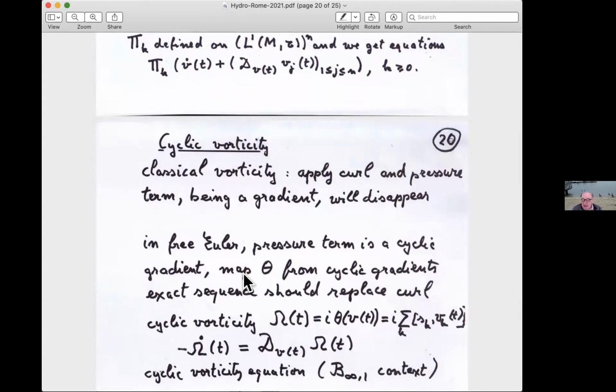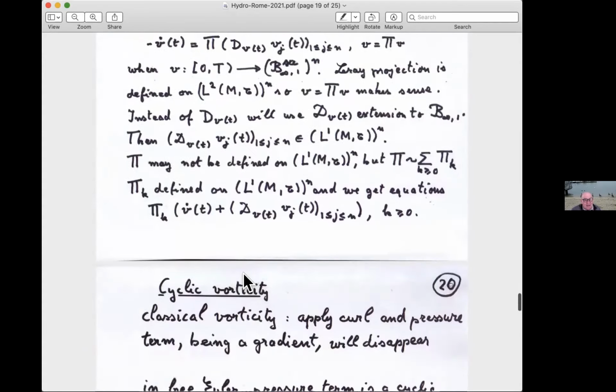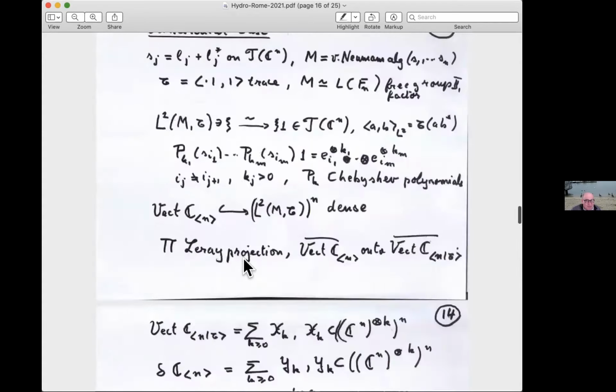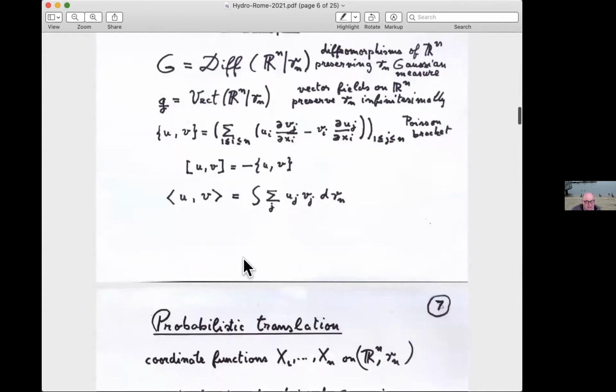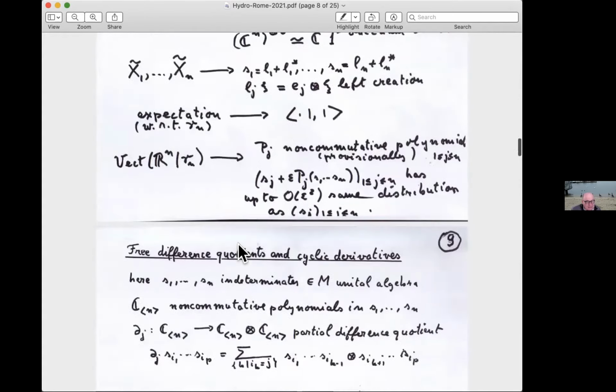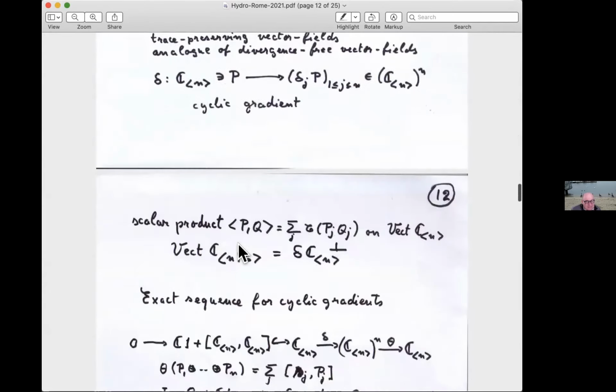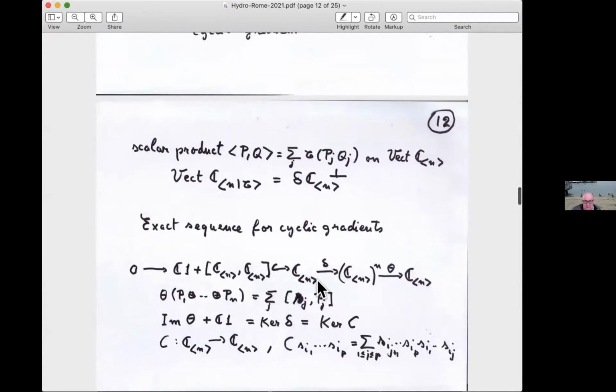For the free Euler equations, there was this exact sequence I had found. You see this exact sequence here, which has this map theta, some commutator, which kills the cyclic gradients. You have this delta, the cyclic gradient, and theta.